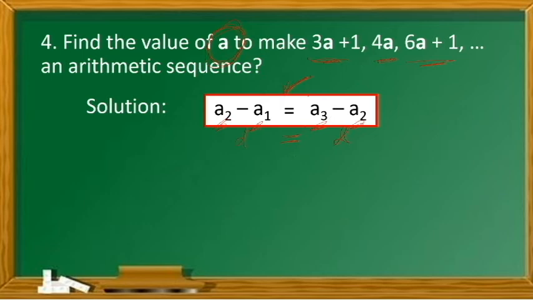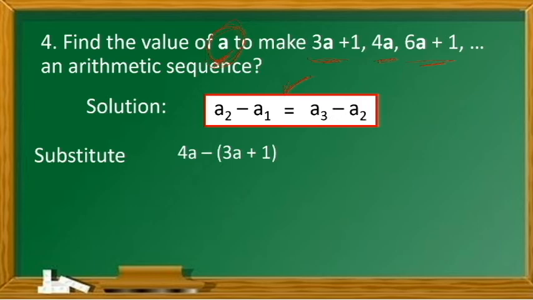Since we are asked to find the value of A, let's substitute into our equation. Here is now the substitution and the solution process. A sub 2 is 4A. We know that 3A plus 1 is A sub 1, and 6A plus 1 is our A sub 3.